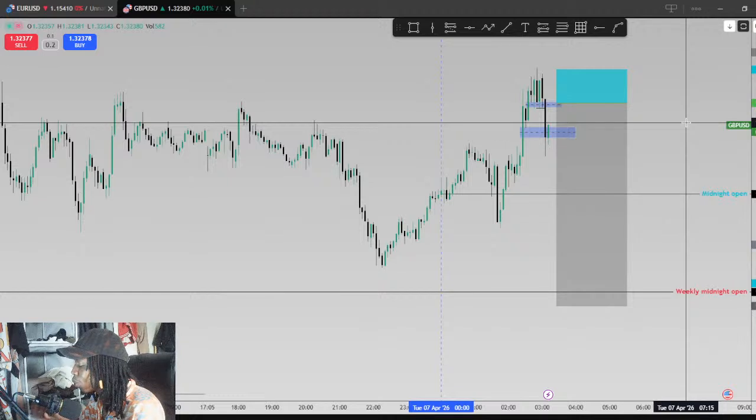Sometimes allowing yourself to be willing to miss out on a trade is actually one of the best things, because sometimes you can chase a move, then you can have a wide stop loss. Maybe you're not good at risk management, and let's say you take a loss on the first trade, then the next trade you repeat it, because now if you do it twice or three times, it becomes a bad habit.